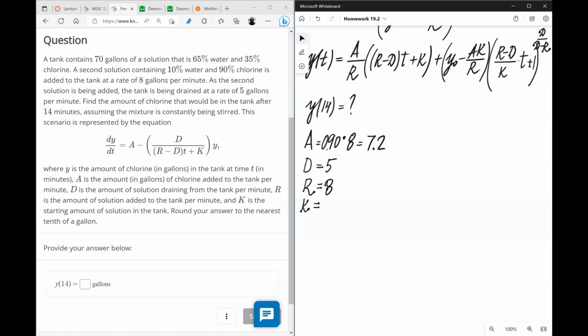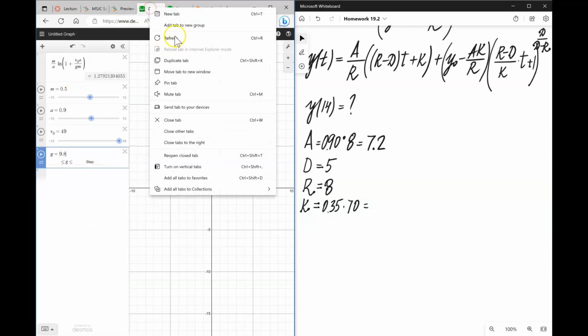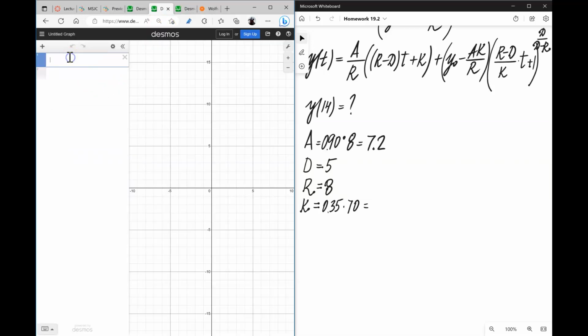So we started with 70 gallons, of which only 35% is chlorine. So 35% of 70. What's 35% of 70? 24.5.